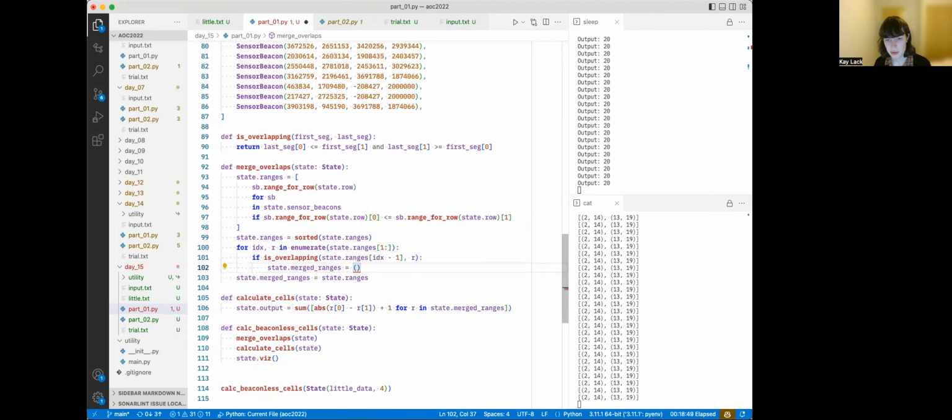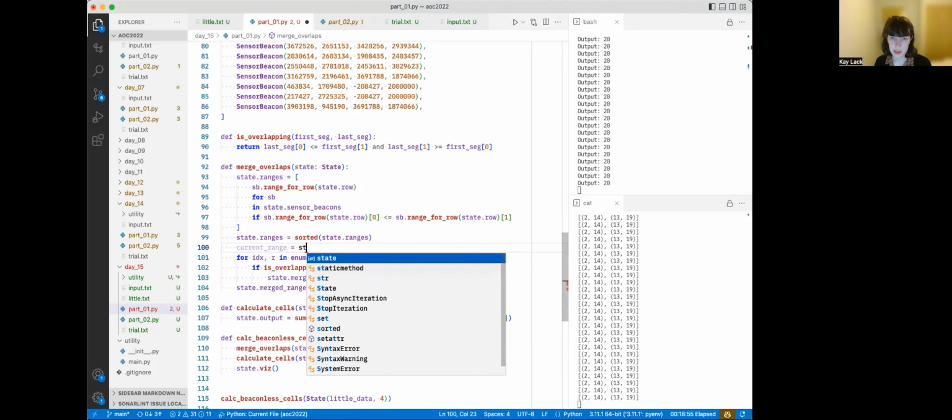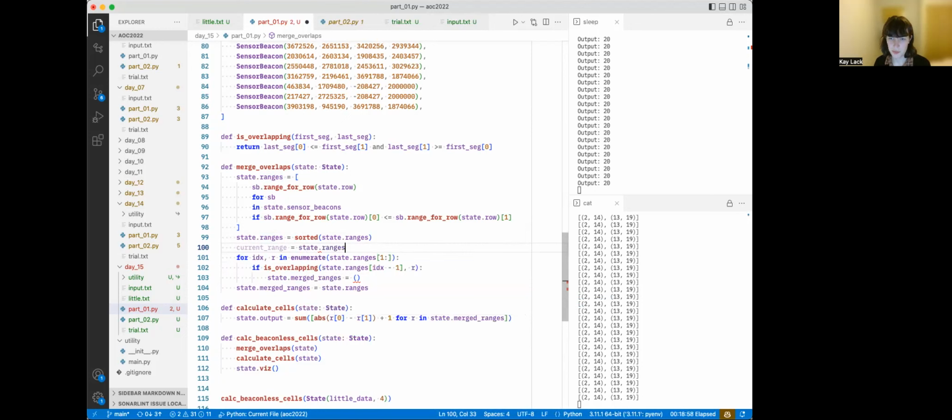I need to think of this. Okay, current range is the first range.